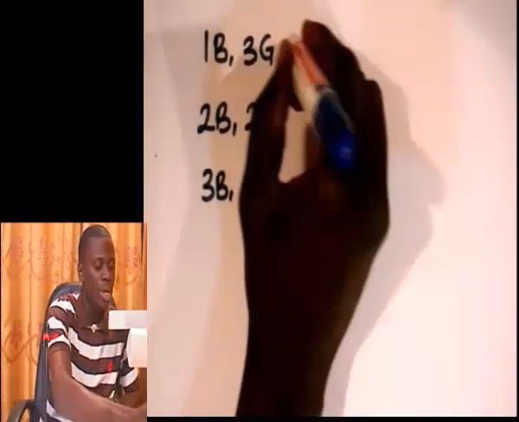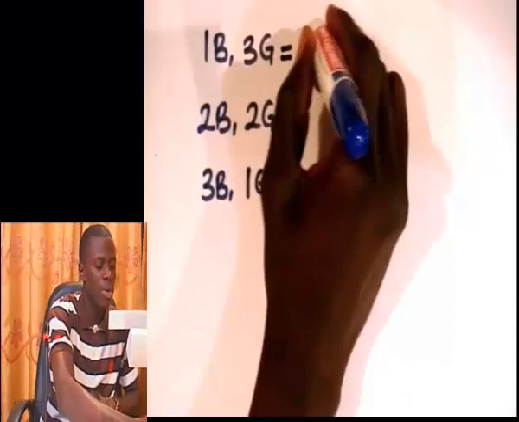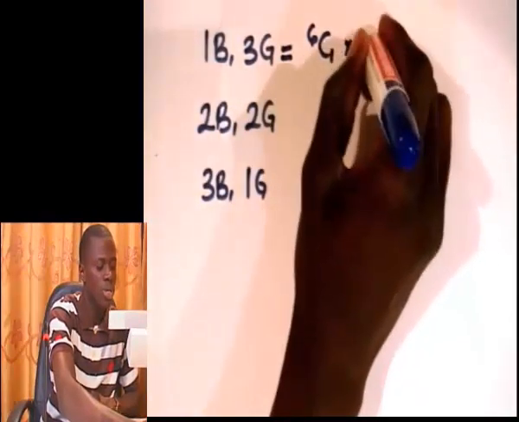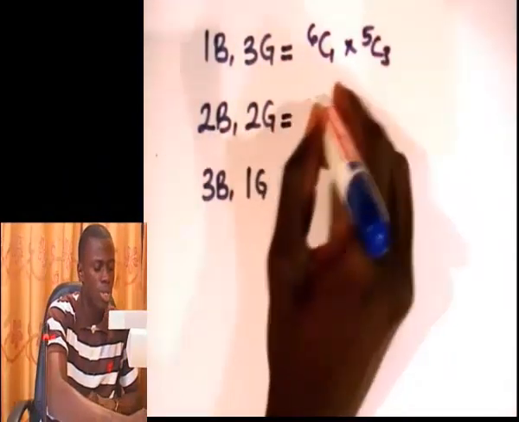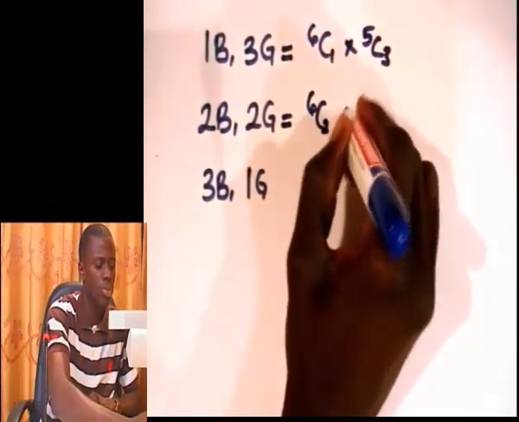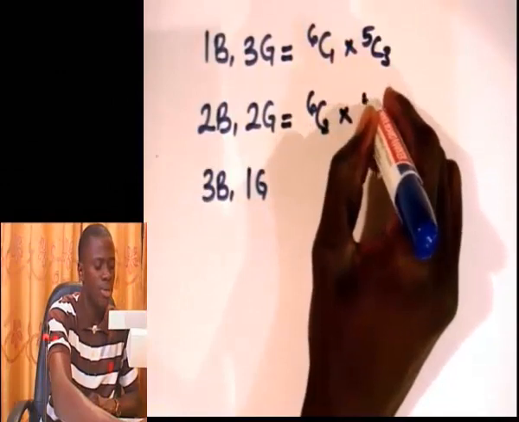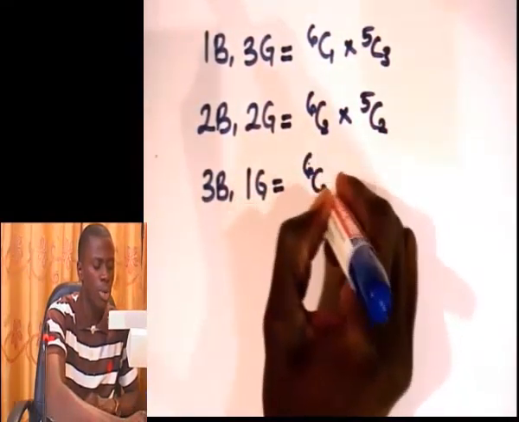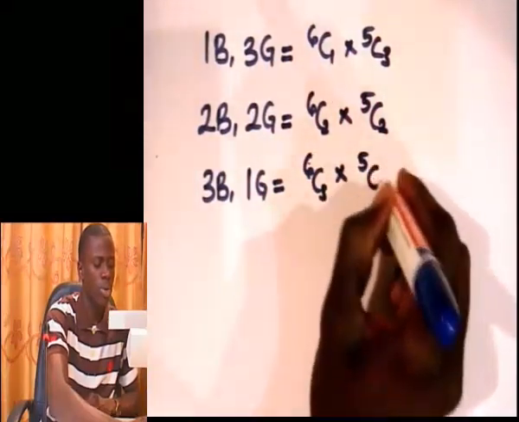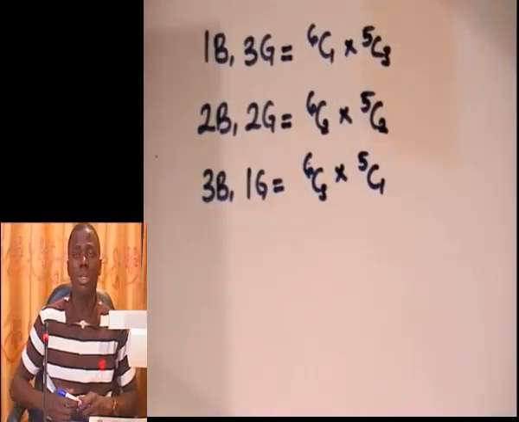So 1 boy, 3 girls gives us 6 combination 1 times 5 combination 3. 2 boys, 2 girls gives us 6 combination 2 times 5 combination 2, and 3 boys, 1 girl gives us 6 combination 3 times 5 combination 1. Hope this is well taken.